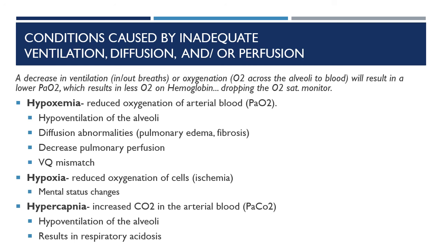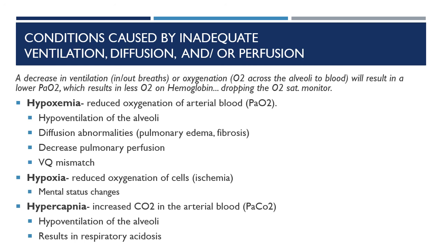Hypoxia is really a term where the cells of the organs aren't seeing the proper amount of oxygen. They're ischemic. Ischemic means lack of oxygen to an area. If you have hypoxia in a part of your brain because you have a blocked artery, called an ischemic stroke, those brain cells are going to become hypoxic.